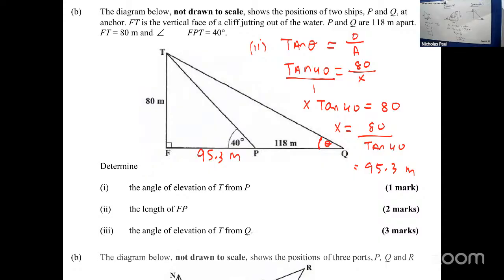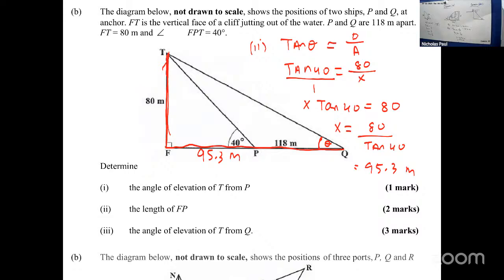Look at the big triangle. You recognize you have the whole piece and you have the whole height here. You have all of this and you have all of this, right? So what are we going to do?